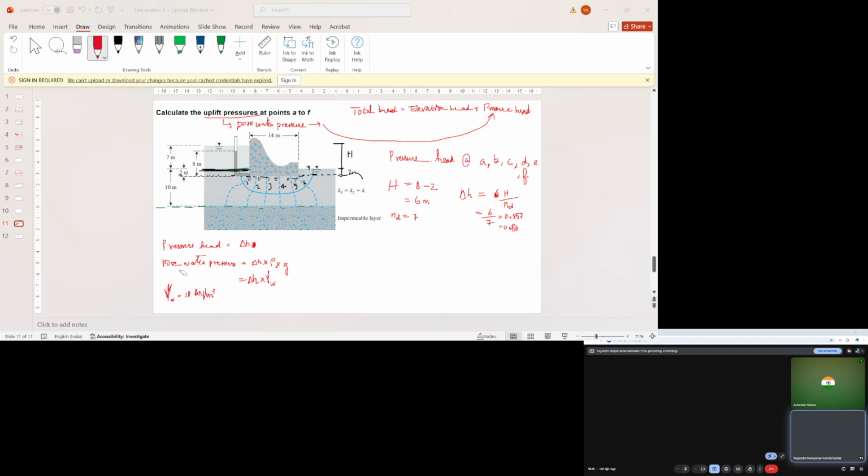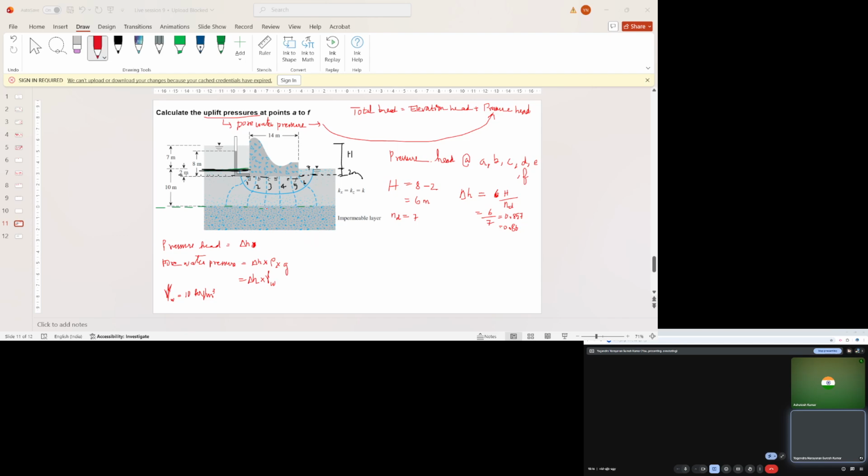So pore water pressure will be pressure head, which is the total head minus N into delta H. Total head is 8 meters, and for point A there is only one drop, so 1 into head loss of 0.86.